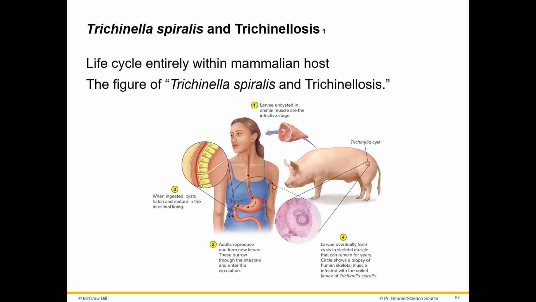Moving on further, we get into Trichinella spiralis, which causes trichinellosis. Basically, this life cycle is completely mammalian. The larvae will get into the muscle of a livestock animal, typically pigs.